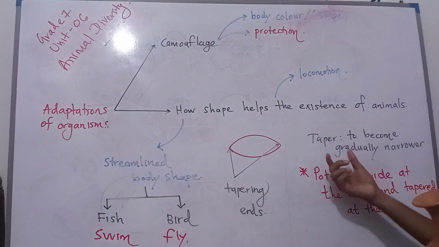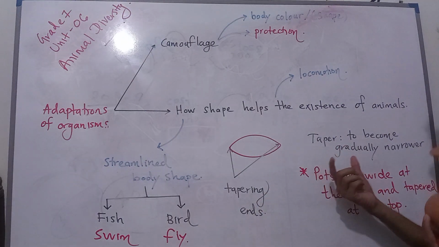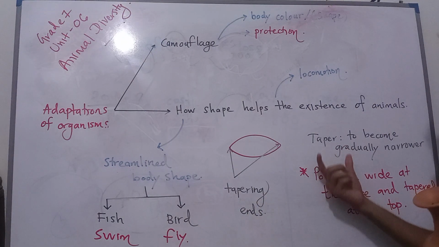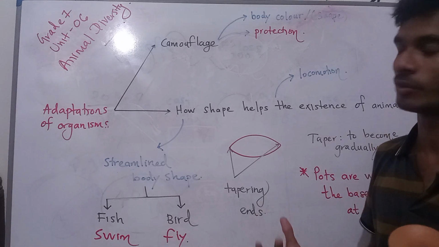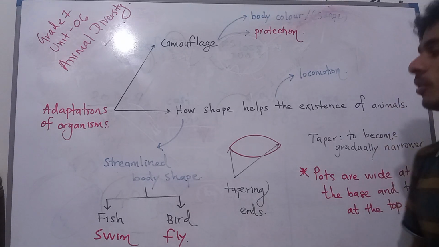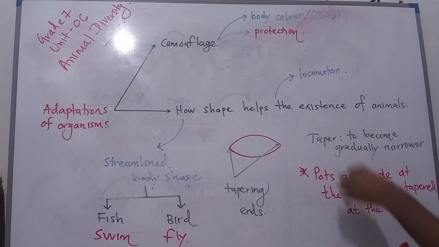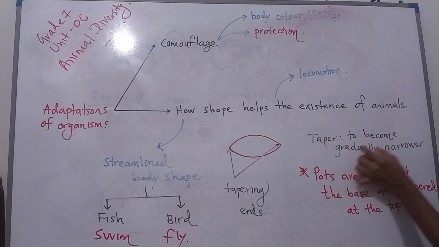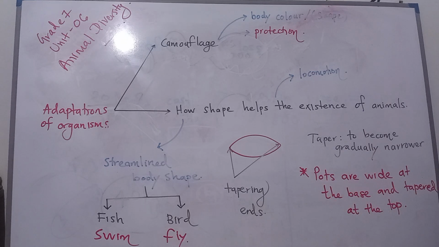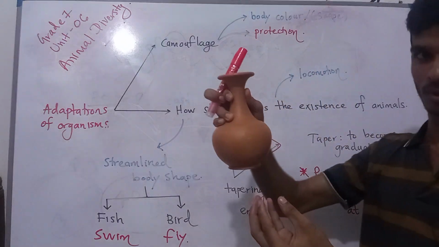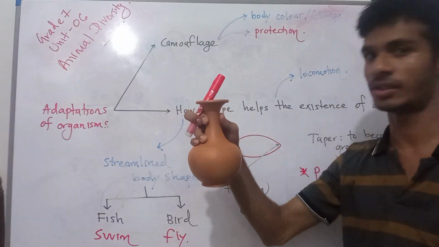This taper is a vocabulary word that you can learn from your textbook. I noticed that nobody in the class knew the word taper. So I explained it. Taper means to become gradually narrower. Pods are wide at the base and tapered at the top. If you take this pot, I think you can see this clearly.